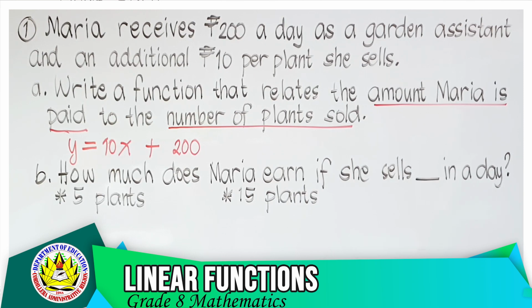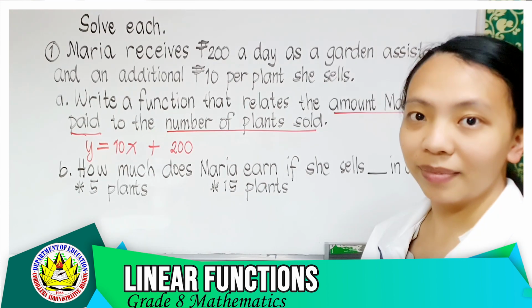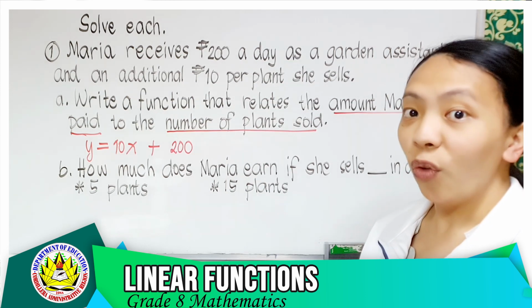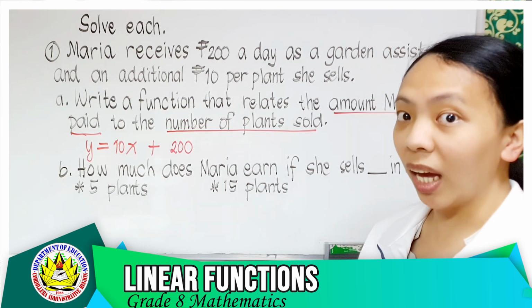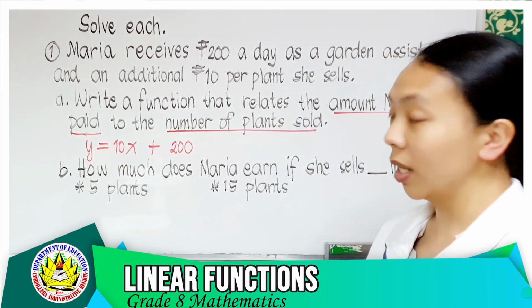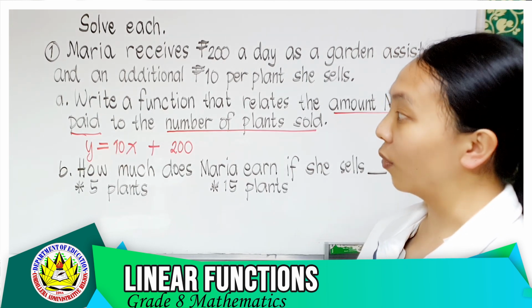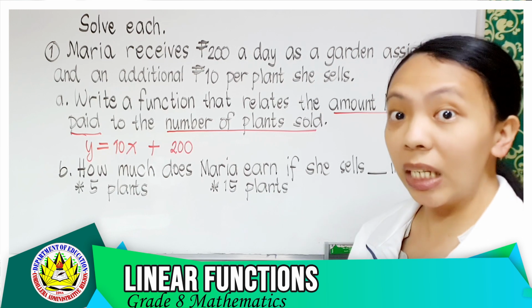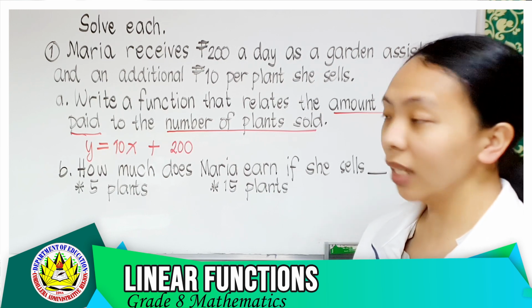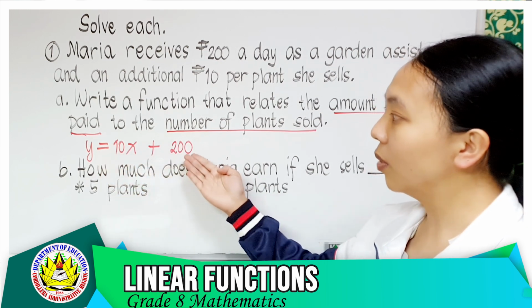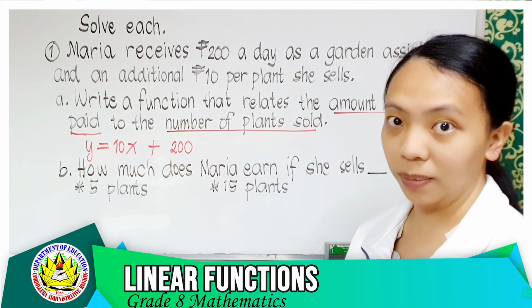Next, how much does Maria earn if she sells 5 plants or 15 plants in a day? For us to know how much Maria would be able to earn, we are going to make use of the equation we have obtained in letter A. The equation is y is equal to 10x plus 200.